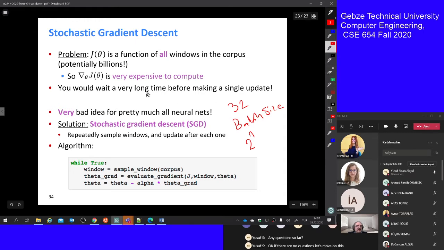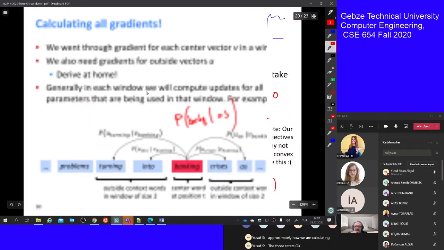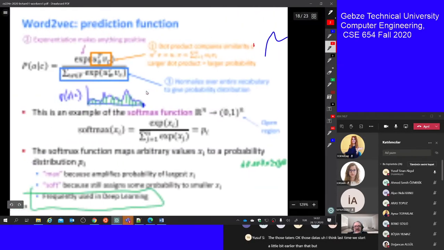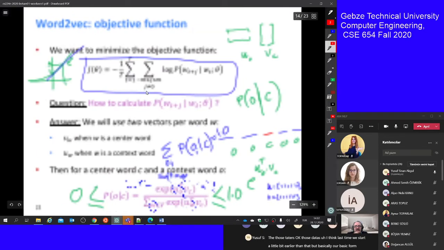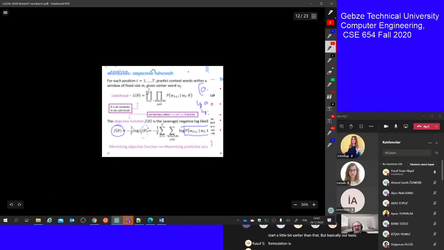This is approximately how we are calculating those thetas. I think last time we stopped a little bit earlier than that, but basically our basic formulation is this.